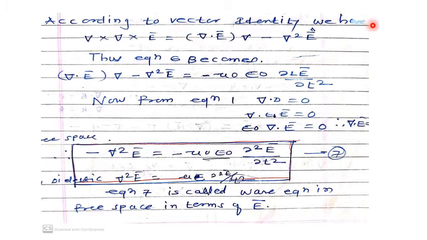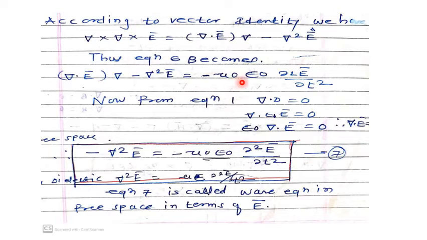According to the vector identity, del cross del cross E bar is equal to del of del dot E bar minus del square E bar. This is a vector identity, the vector triple product in vector analysis, so we have taken the direct formula. Thus equation 6 becomes, so the value is equal to what?